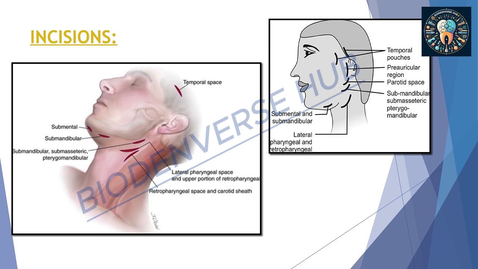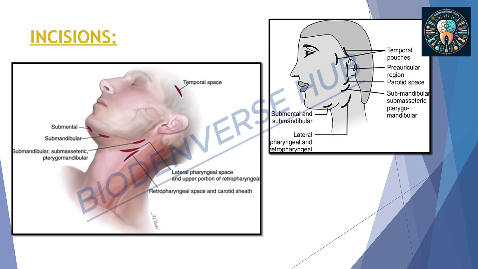First of all, we have the incisions in the subciliary region. Then we have the infraorbital incision as well. Then we have the transconjunctival approach. After that, we have the different kinds of incision, including the submental and submandibular incision.